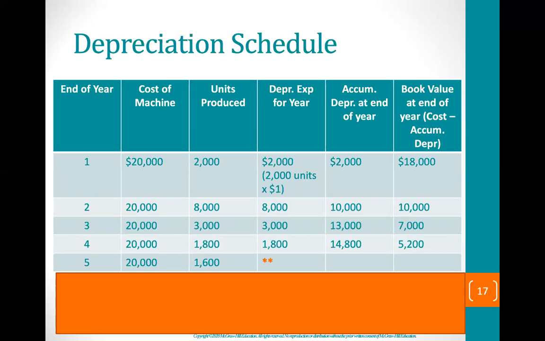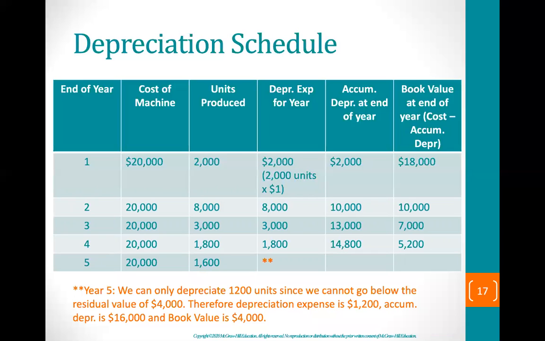Remember, you cannot depreciate past residual value. Therefore, if we depreciated all 1,600 units, our accumulated depreciation would make our book value below $4,000. In this instance, we are only able to depreciate 1,200 units since we cannot go below the residual value of $4,000.